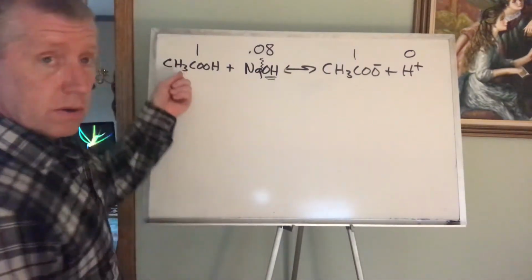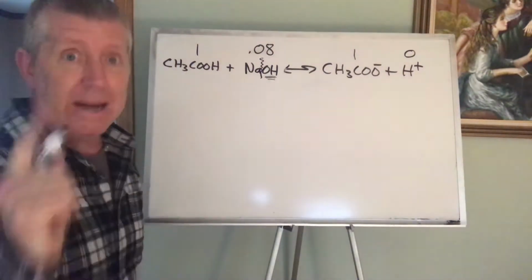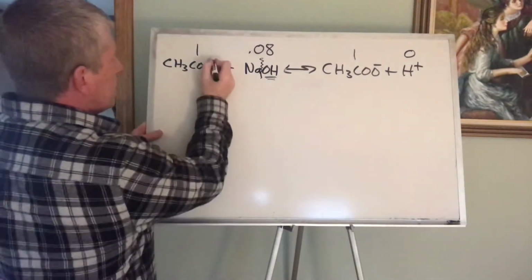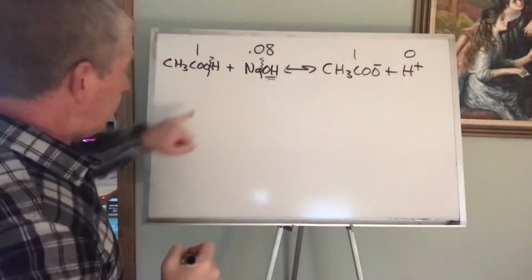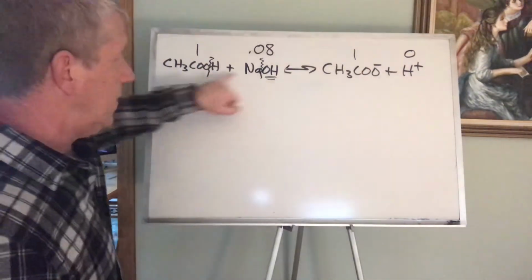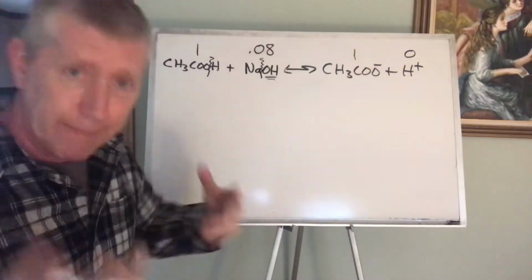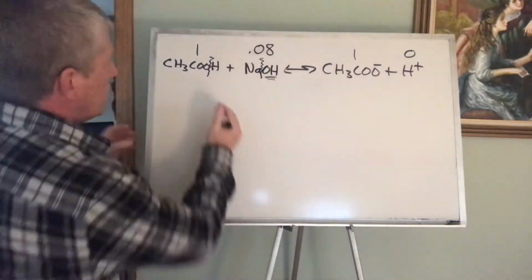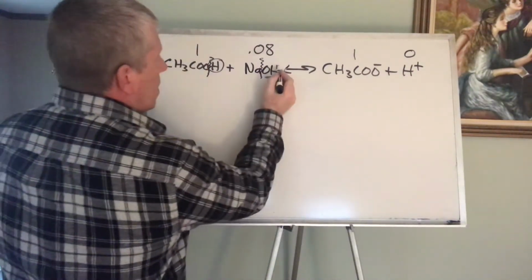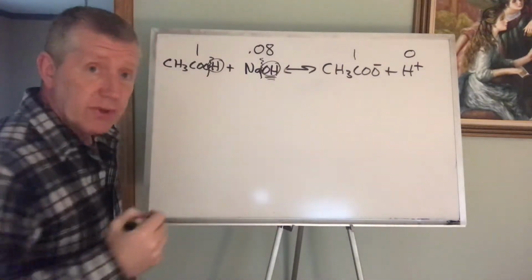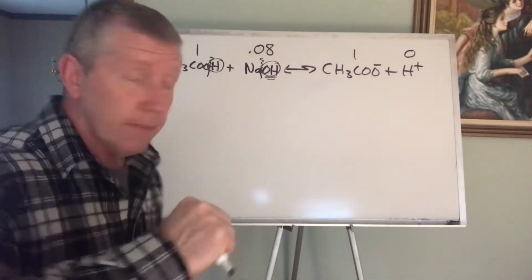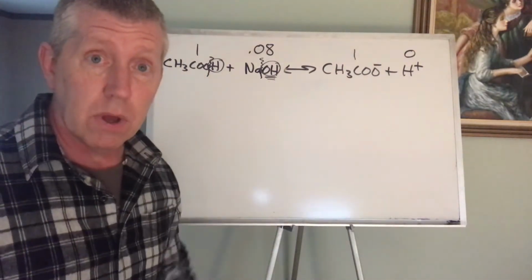The acid goes, my turn. It's going to release some of these hydrogens, and that's what it's doing anyways. It's pumping out hydrogens here. Not many, because it's weak, but it does. And those hydrogens that it puts out will neutralize the hydroxides that were put in by that strong base.